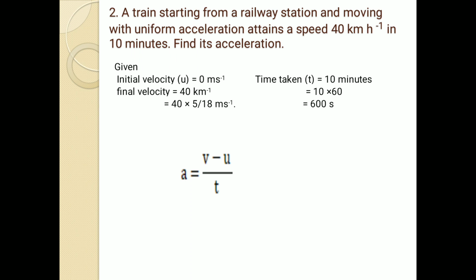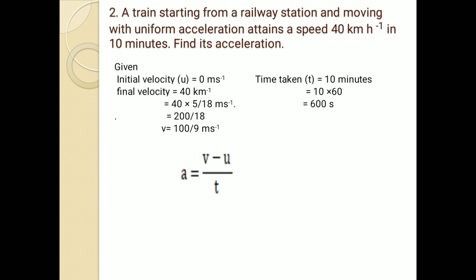So this is how we have to convert. 40 kilometer per hour to meter per second is multiplied by 5 by 18, and here 10 minutes you want to convert into second. 1 minute is equal to how many second? 60 seconds. So 10 into 60 is 600 seconds. That conversion is over. Time is in second. So next, 40 into 5 is 200, so 200 divided by 18.